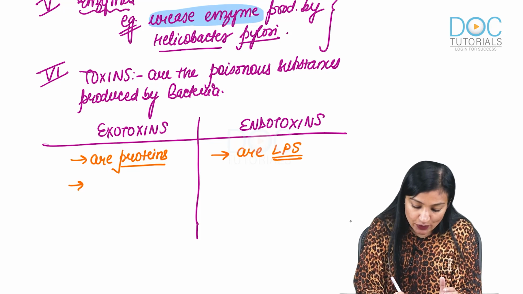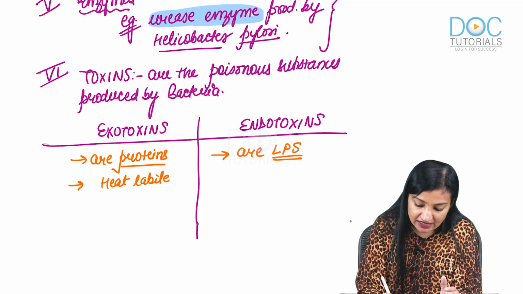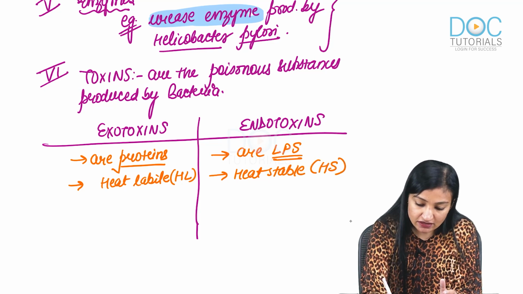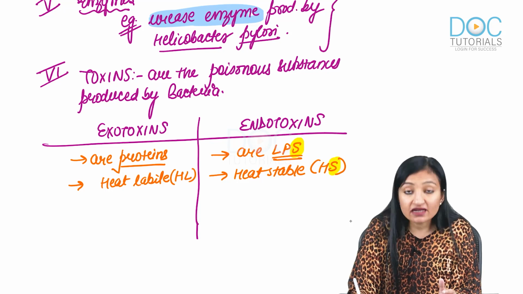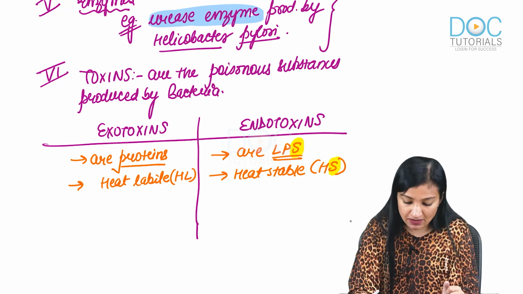Of course, proteins are going to be heat labile, so exotoxins are heat labile, that is HL, whereas endotoxins are heat stable, that is HS. Even if you forget, just remember LPS has got S and LPS is HS, that is heat stable. So S and S you should remember.